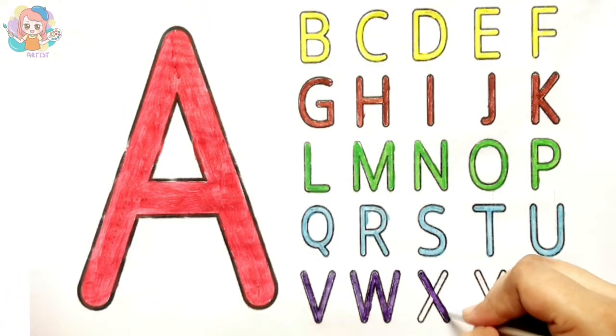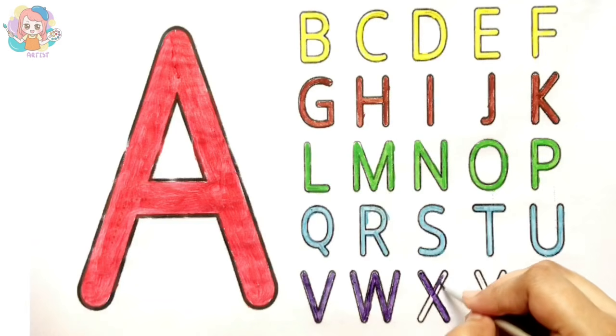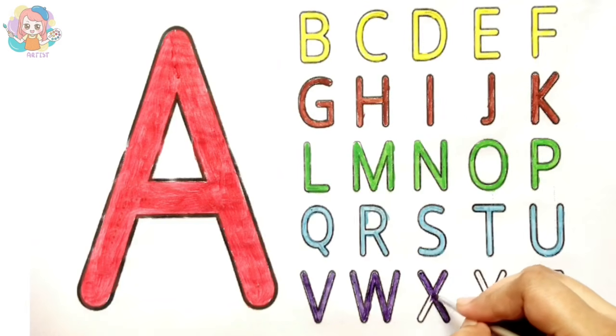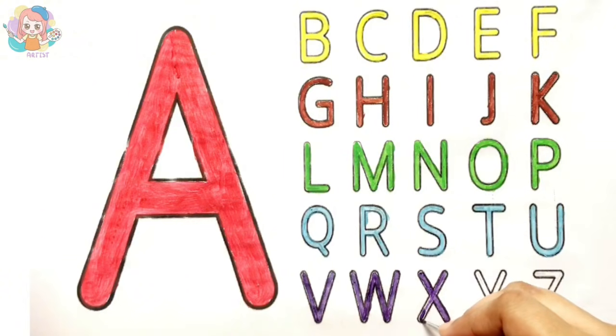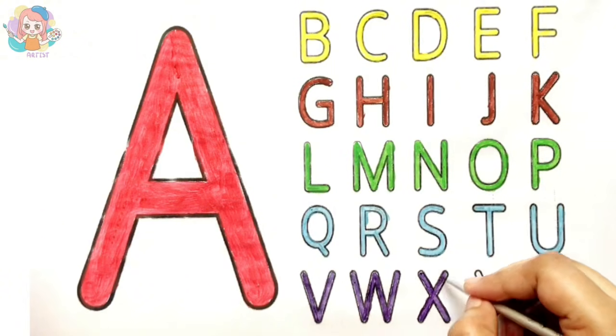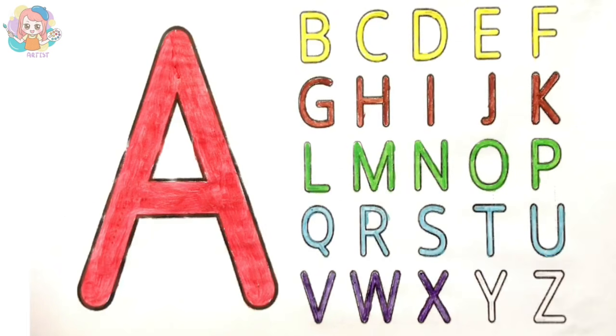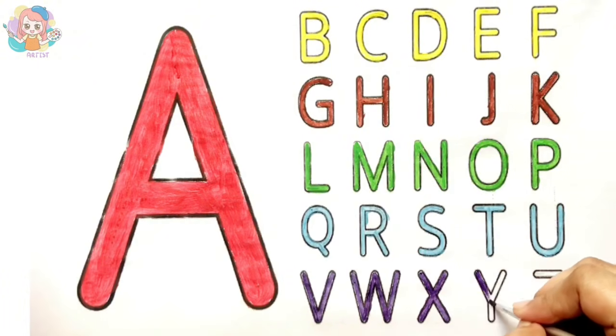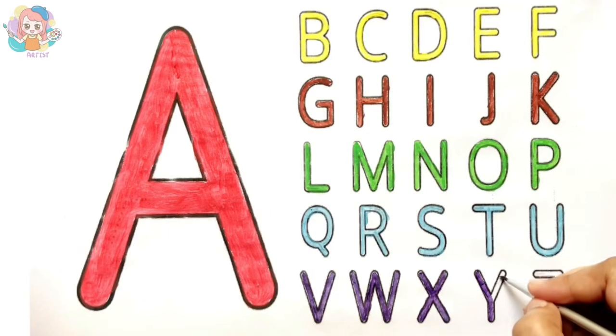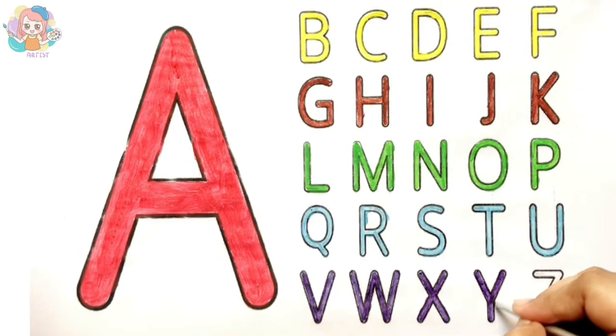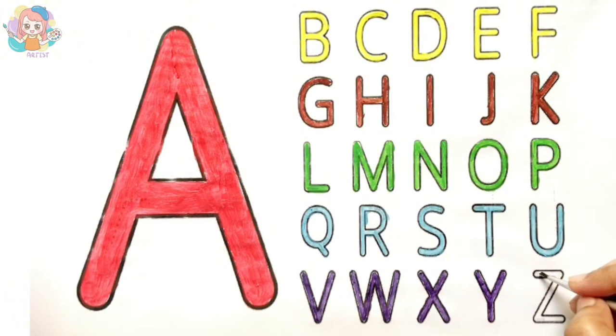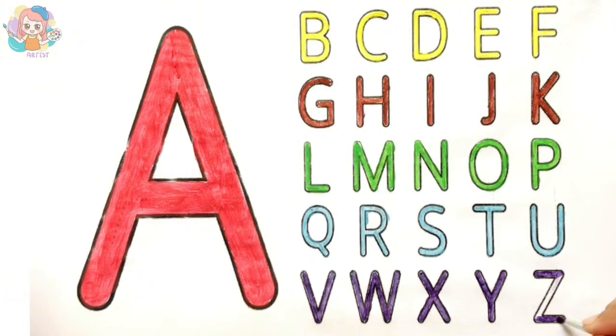X for xylophone. Y for yo-yo. And last alphabet Z. Z for zebra.